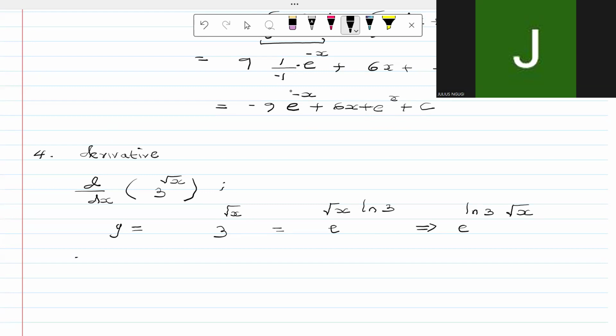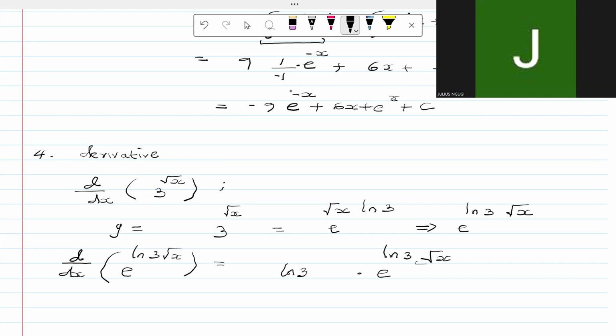This is easier to differentiate because now the derivative of e to the power of root x times ln of 3, as I have said in the previous question, you write the way it was before, root x, then don't forget to multiply by the derivative of the power. And ln of 3 is just a constant, so you can just write it here, constant.